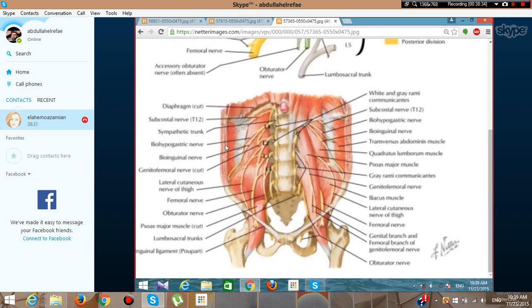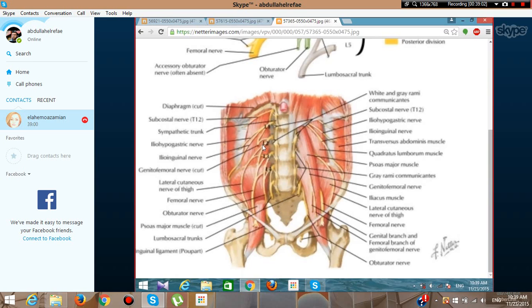And they supply the muscles and skin. This is iliohypogastric. Ilioinguinal, do you see it goes also a bit downward? It goes into the inguinal canal and enters the superficial ring.